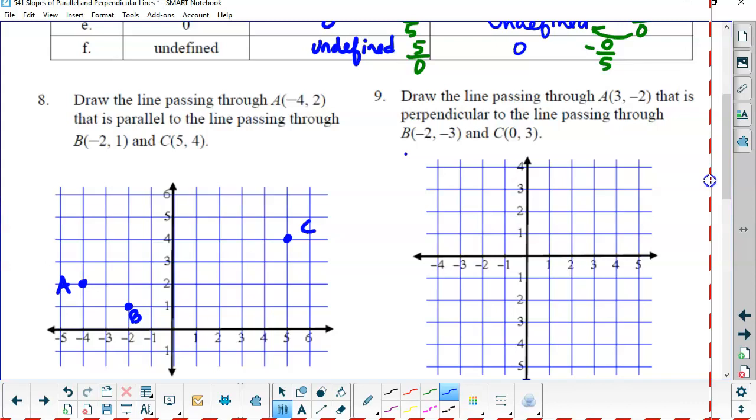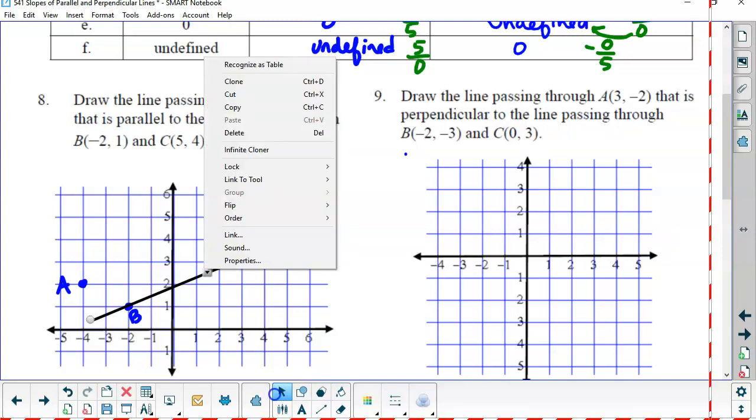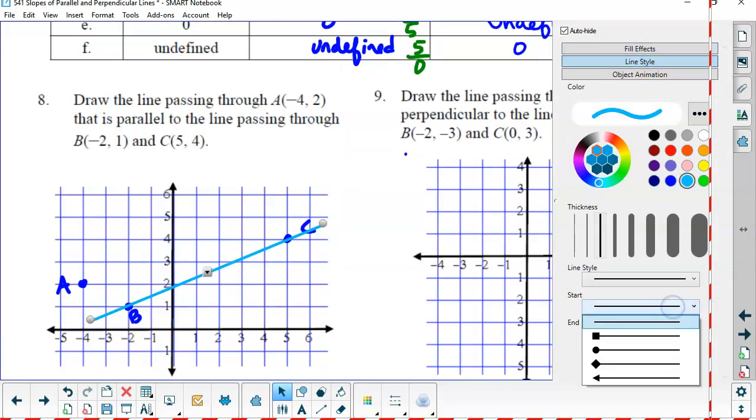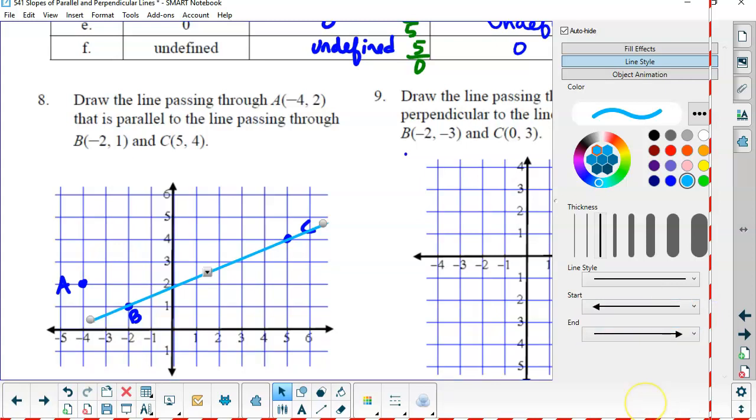So A has to be parallel to BC. So join BC up.